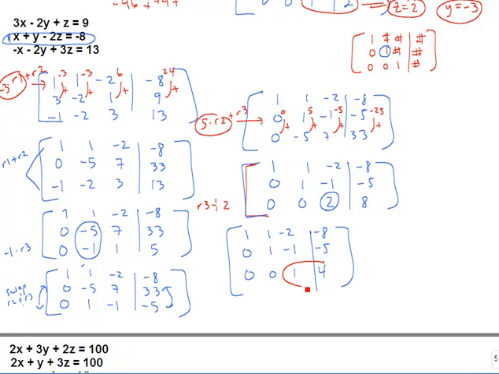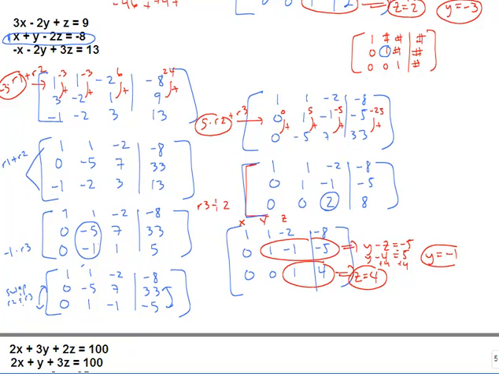So right here, we know that z must be 4. Back up one row, remember x, y's, and z's, so this becomes y minus z equals negative 5. We substitute in 4 for z and add 4 to both sides. That tells me that y equals negative 1. Negative 5 plus 4 is negative 1. So now we know y and z. So we back up one more row.